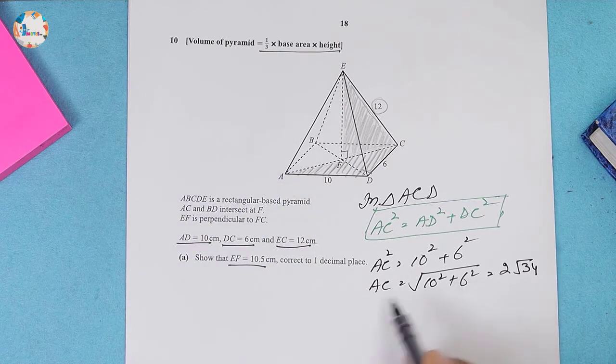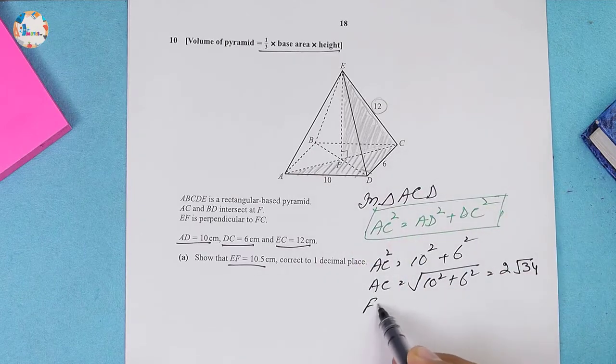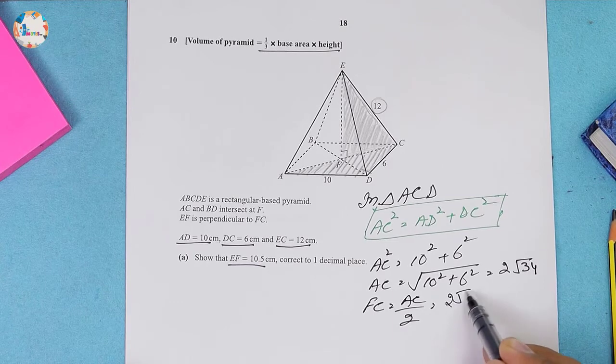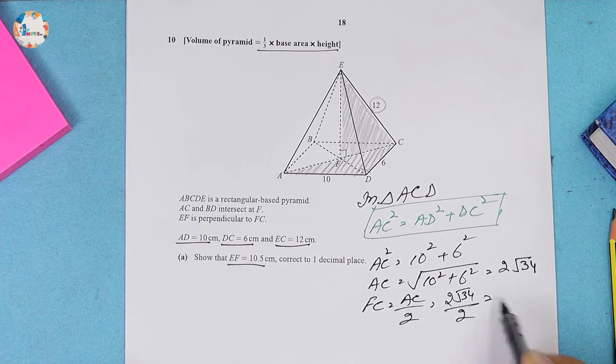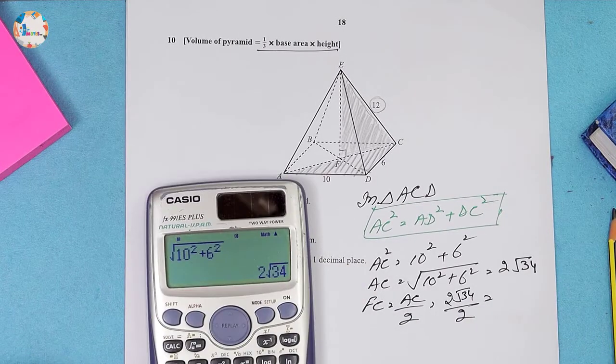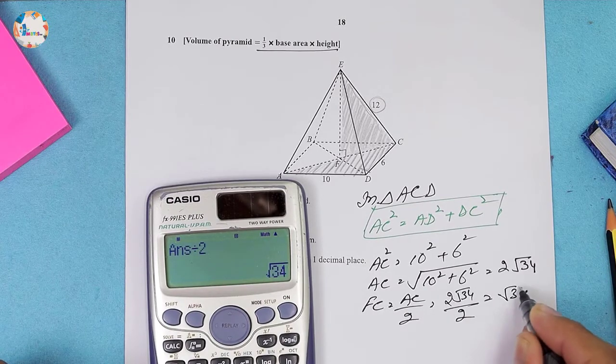Now this is complete AC, but we need FC, so FC will be equal to AC over 2, which is equal to 2 under root 34 over 2, and we can divide this by 2, which will be equal to under root 34.